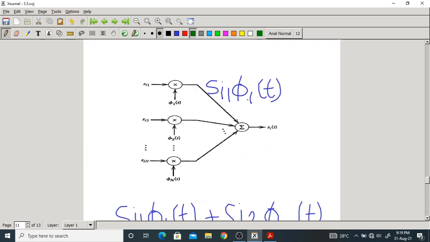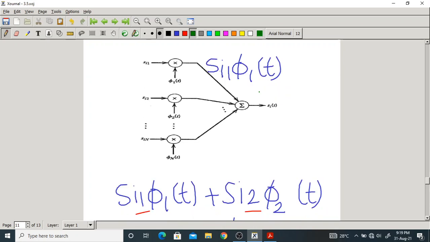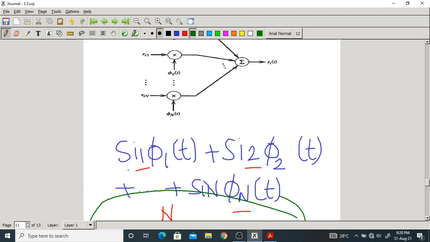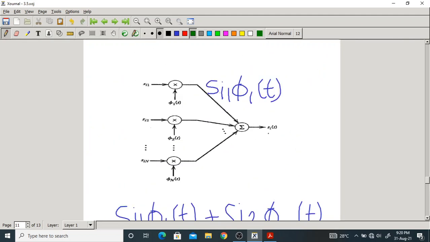Now actually this is similar to the modulator. Why? Because what is Si of t? I told you they are the set of modulated signals, S1 of t, S2 of t, so on, Sm of t. So they are generating Si of t. It is similar to the modulator. I will discuss everything later. But why?